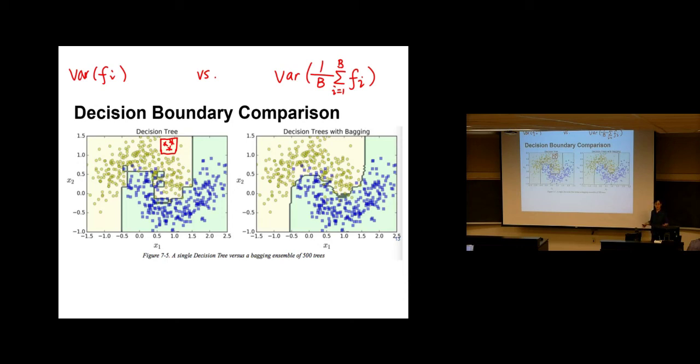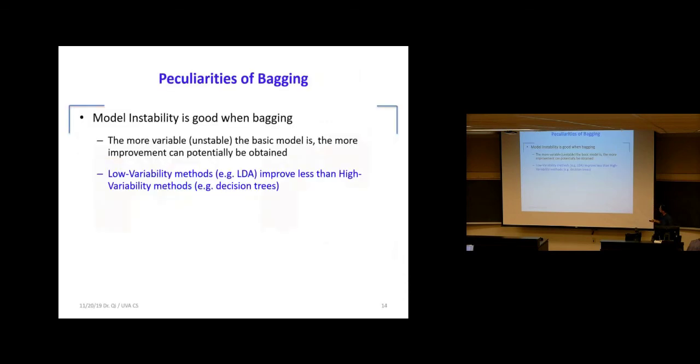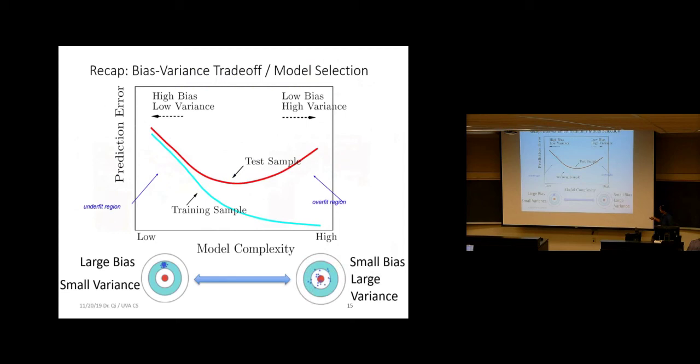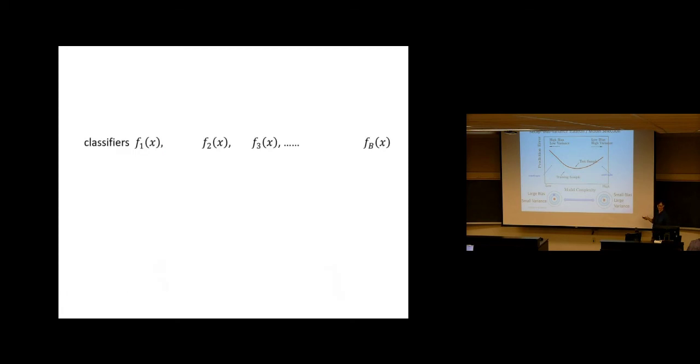If you have a full-length tree, it's a super flexible model. All right, so let's come back to this figure. The full tree or big trees have very high variance. So the issue here is to reduce the variance.